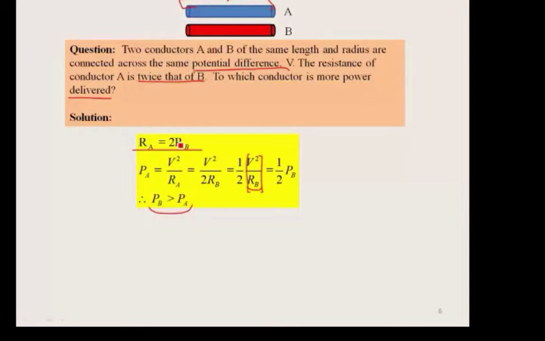If you have the same voltage across, and you make the resistance smaller, you get more power dissipated. That's why this inequality occurs.